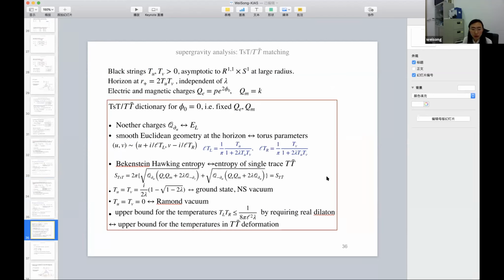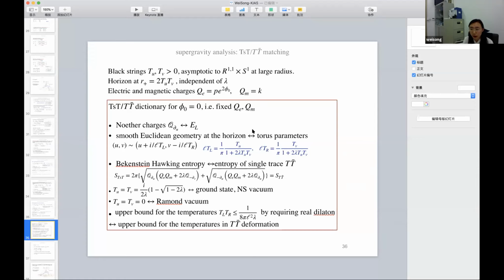So in the TTbar deformation, the entropy can be obtained easily by rewriting the Cardy formula. And from the bulk, one can calculate the entropy, which is the area now. One can also calculate the energy and angular momentum.